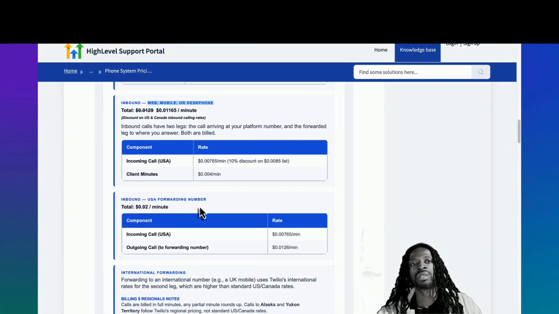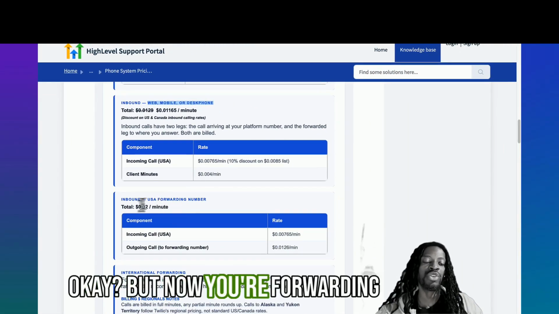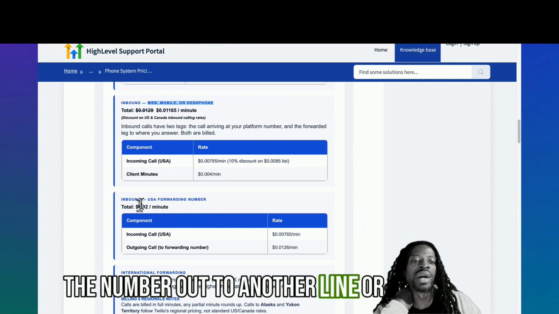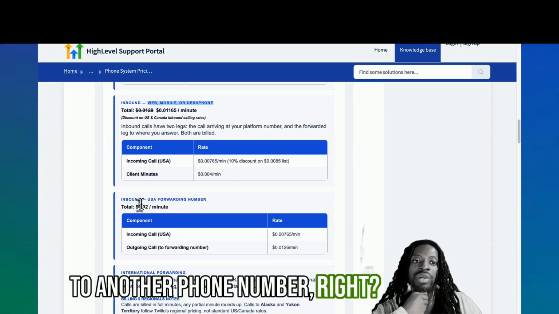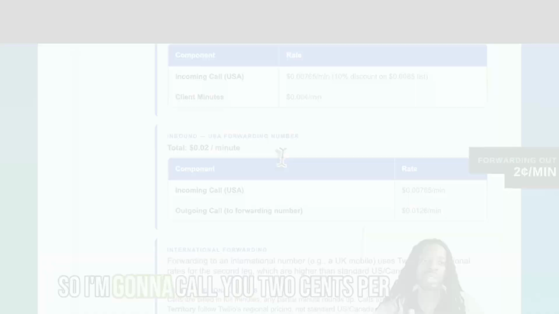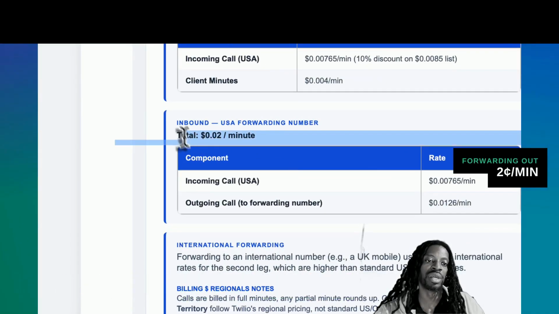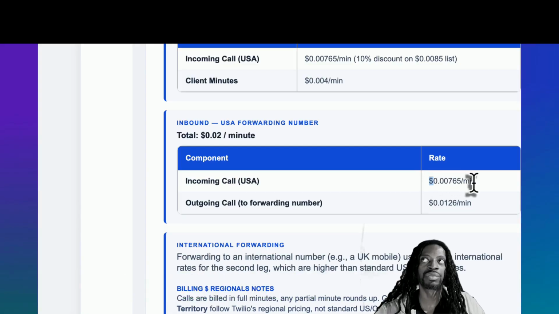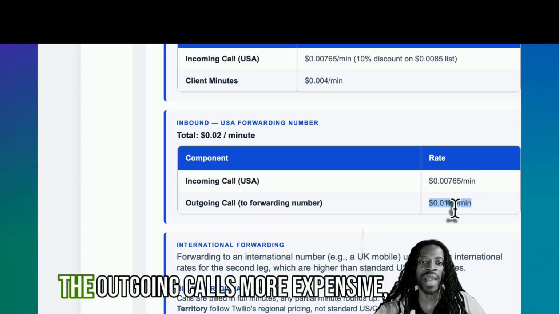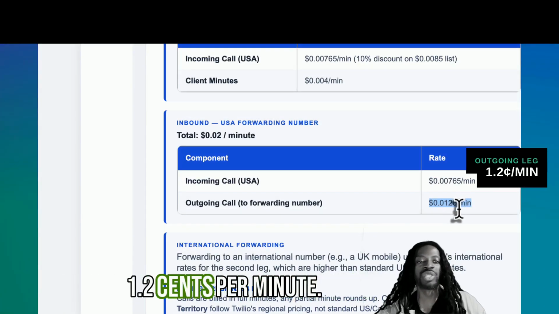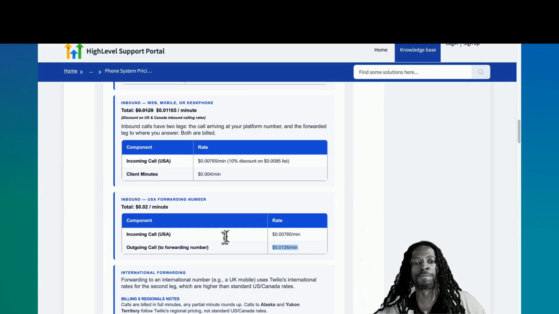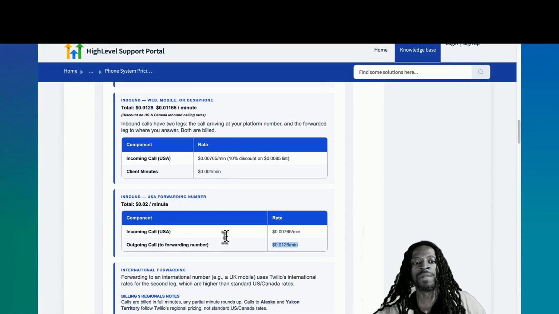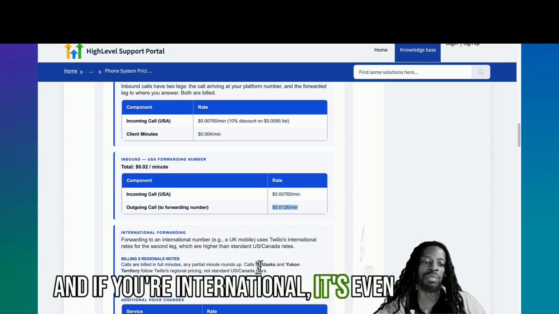But now you're forwarding the number out to another line or to another phone number, right? It's going to cost you 2 cents per minute to do that. That's both legs, right? This is the incoming call on your system. And this is the outgoing call. And the outgoing call is more expensive, 1.2 cents per minute. And if you're international, it's even higher.